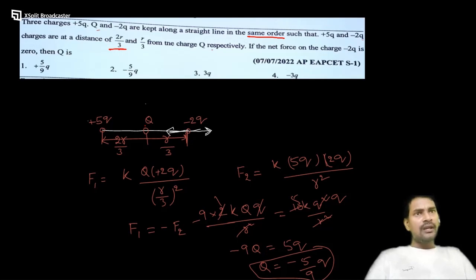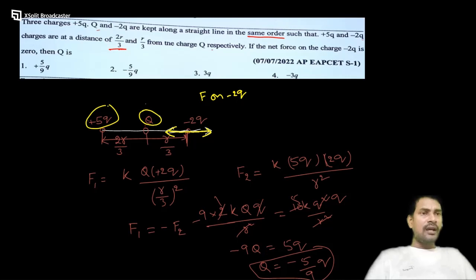So, if the net force has to be 0, the force acting on this charge must be equal and opposite due to the other two charges. So, I have to calculate the force on the minus 2q charge due to this plus 5q and this capital Q charge.